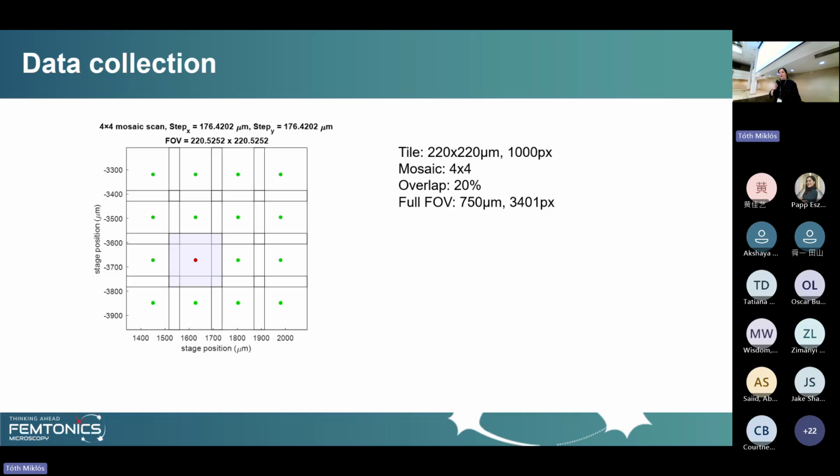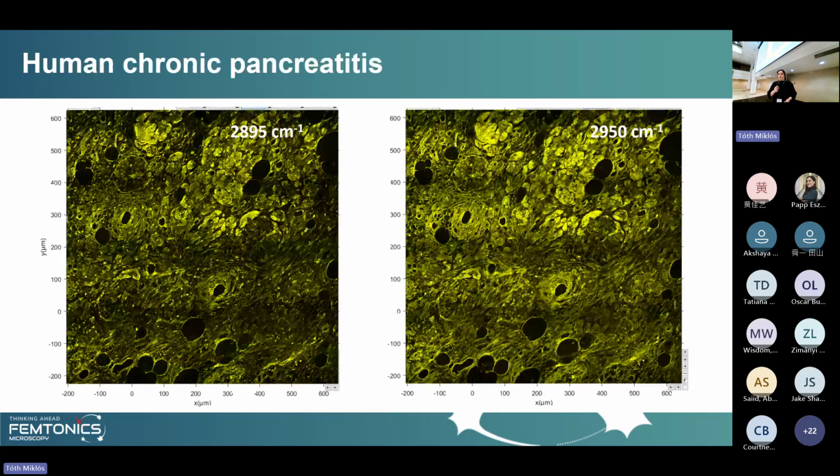On our setup, we acquire data in a 4x4 mosaic, and all the 16 tiles go into the artificial intelligence network as an input parameter, one by one, not as a stitched image.